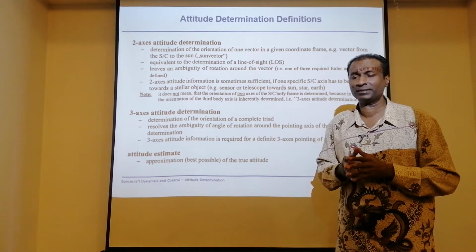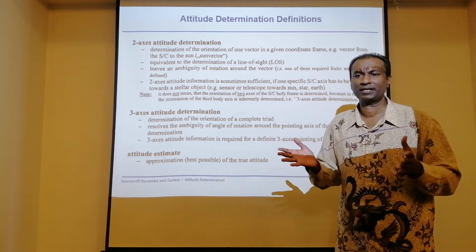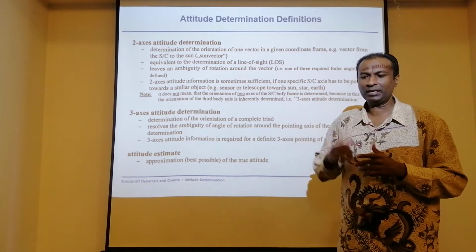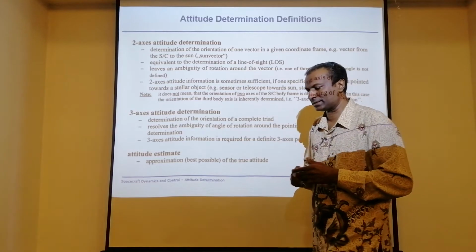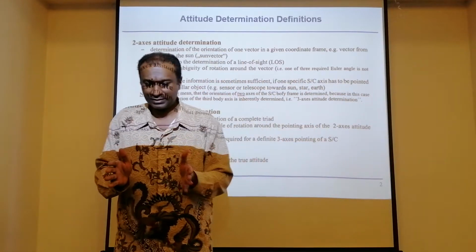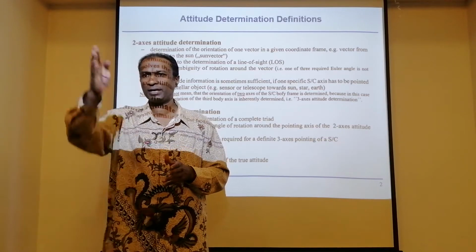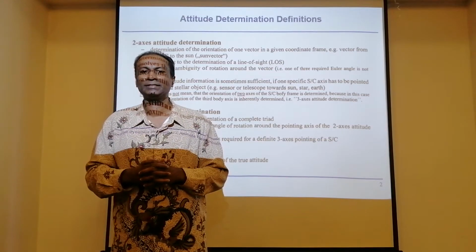If I embark the sun sensor at negative z, that means it is looking at the sun. So if you look at the z-axis, there is a line of sight that you want to look at, the line of sight of the sun.